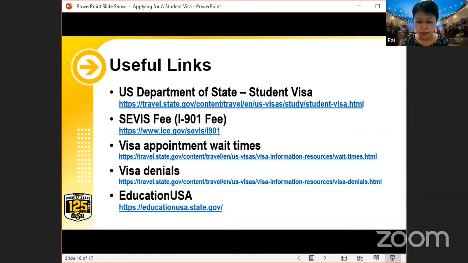For example, if you put a deposit to your school, that can improve the chance. And like I mentioned, if you have been to the US and then returned home, that is definitely a plus because you show a good record to the US visa officer that you are going home.